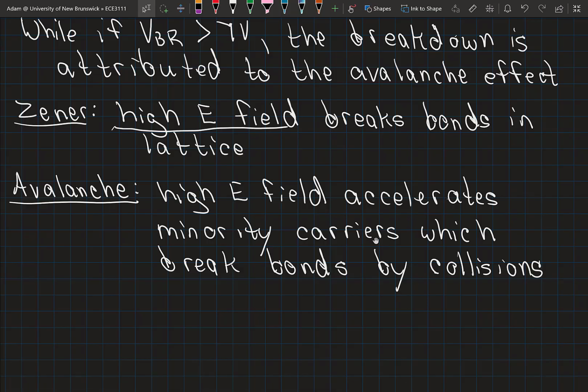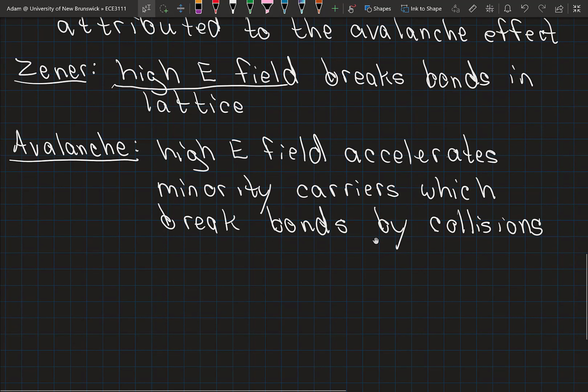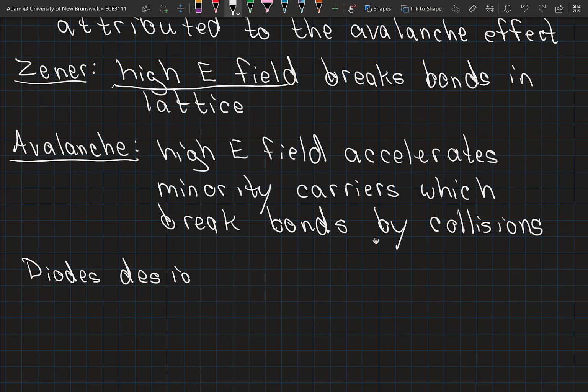Okay, but there are diodes that are specifically designed to operate in reverse breakdown, and those diodes are referred to as Zener diodes.